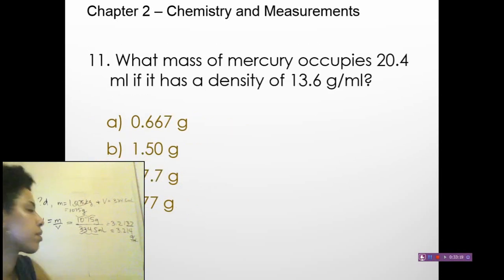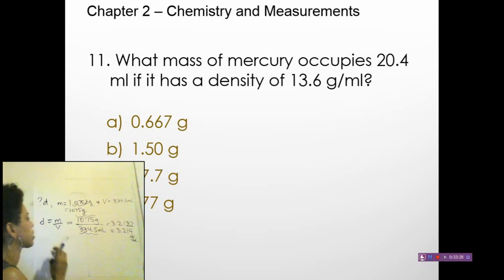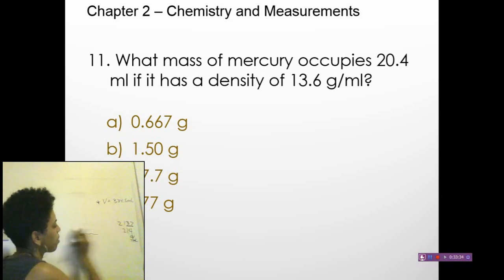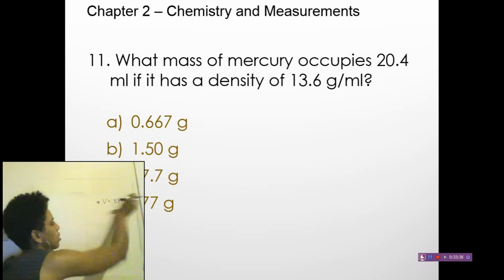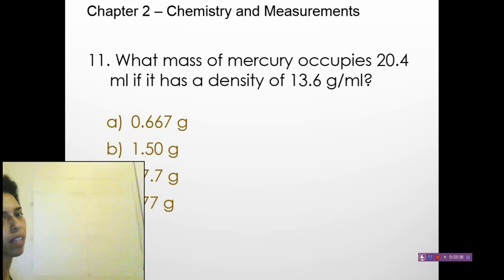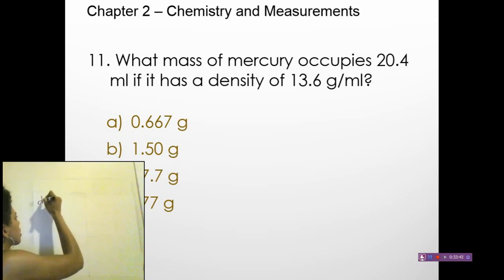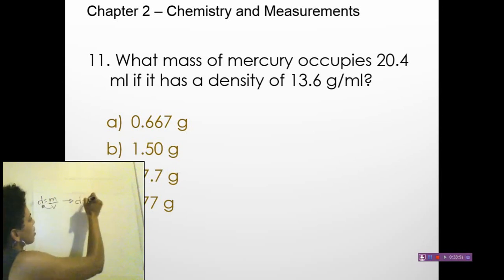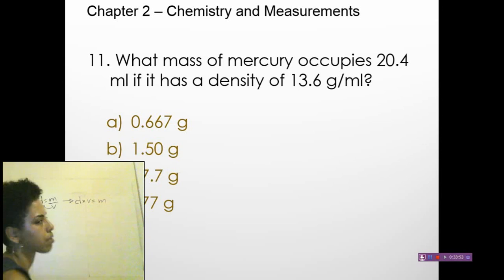Let's do another. What mass of mercury occupies 20.4 milliliters if it has a density of 13.6 grams per milliliter? Well, remember before I said if you're given two of the factors in the equation, you can figure out the other. So here you're given the density and the volume, so you can figure out the mass. So density is mass over volume. So if I rearrange this, density times volume is going to give me the mass, right?